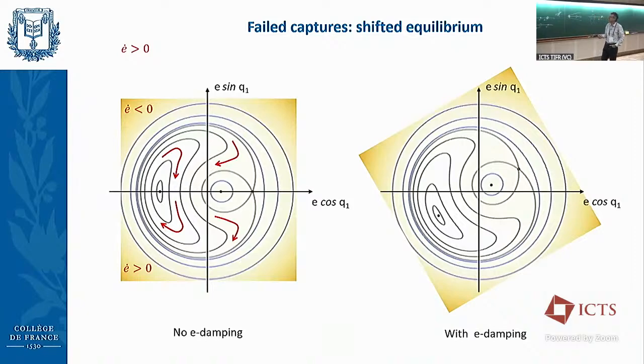If the eccentricity damping is too strong, this equilibrium point will reach this axis. And if it's even stronger, it would try to go into this part of the diagram, but then the push in the eccentricity becomes weaker. And then there is no capture, no stability possible.